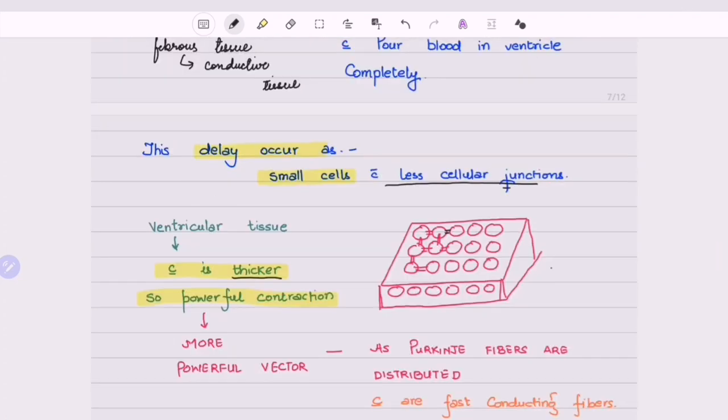Now let us assume a ventricular tissue. As ventricular tissue is thicker, it provides more contraction, and it is distributed by the Purkinje fibers.